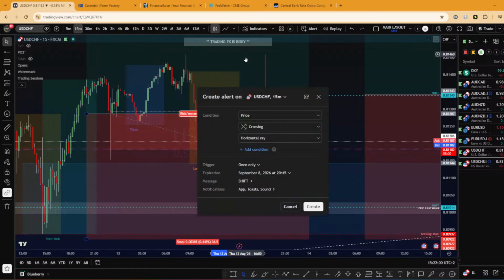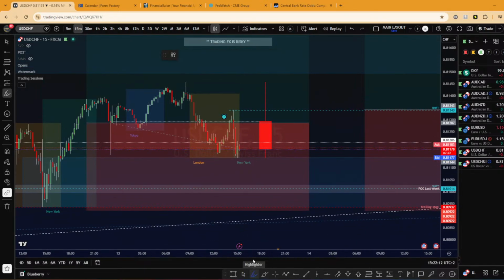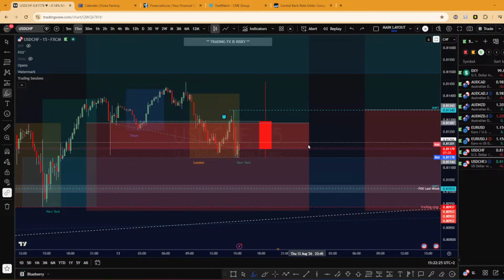If, for example, we shift, maybe I will be very aggressive on my stop loss. Yeah, put some highlight here in case price decides to shift. Then I will maybe put my stop just somewhere here. Try to trail my stop.